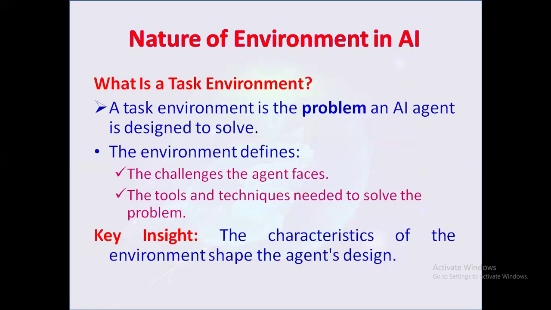Before going into the types, we'll see the nature of environments in AI and what a task environment is. A task environment refers to the specific problem or set of problems that an AI agent is designed to address. It defines the context in which the agent operates and outlines the conditions under which the agent must perform its task.